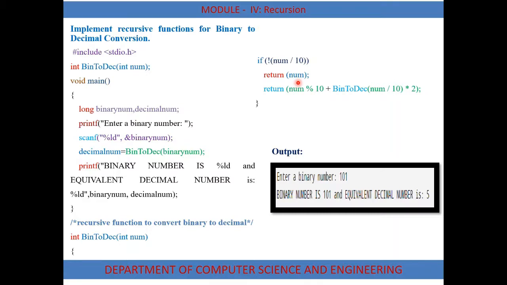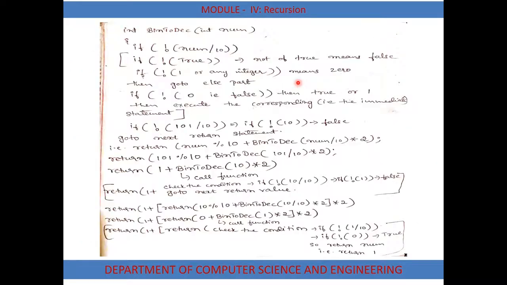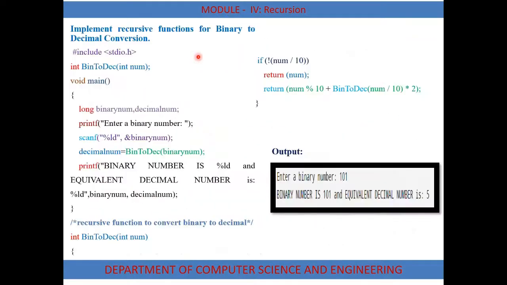Now num is equal to 101. Check the condition: if not of num divided by 10. 101 divided by 10 is 10. 10 is a nonzero value, so not of 10 is false, because not of any nonzero integer value is 0. So that is false.